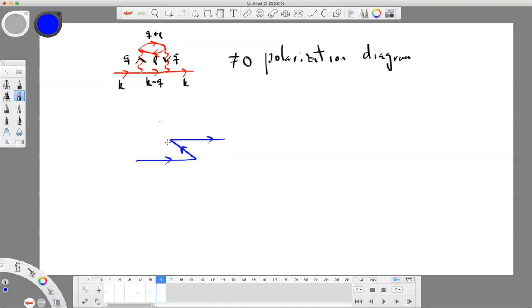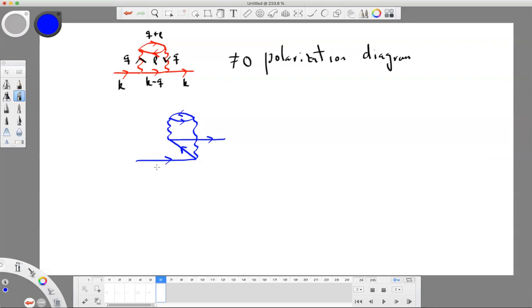And from here I'm going to have an interaction line coming, and from here, I'm going to have an interaction line coming. And here we're going to have something like this. Let's draw it this time like this.